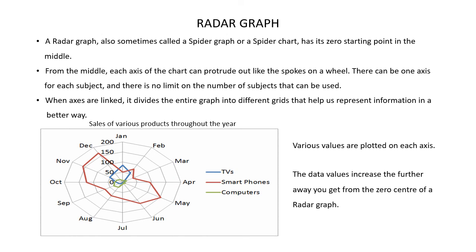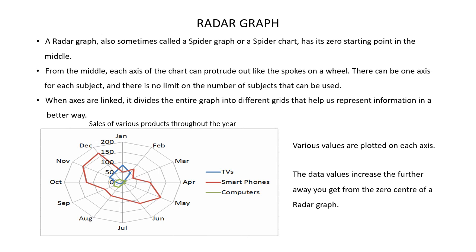And here in this particular radar graph, each axis represents a month. Now when these axes are linked, the entire graph is divided into different grids.